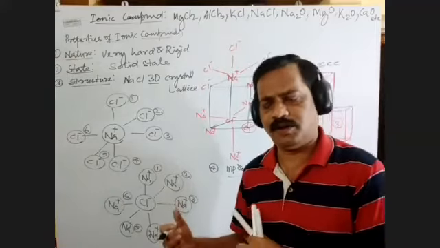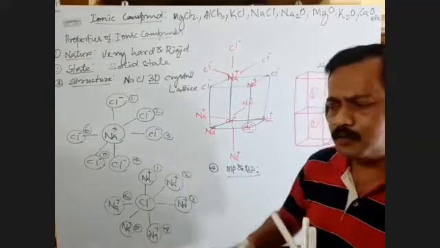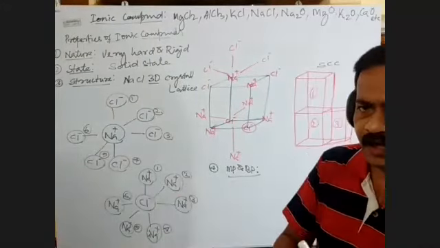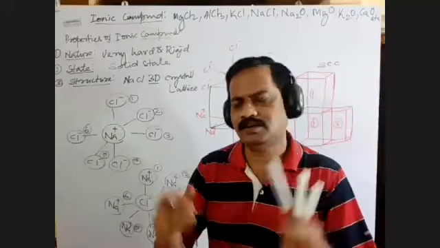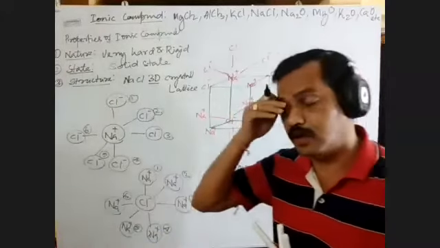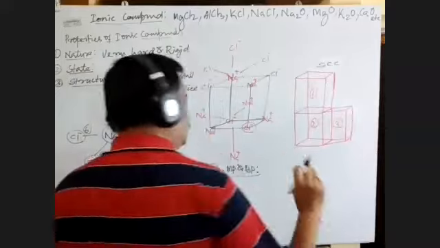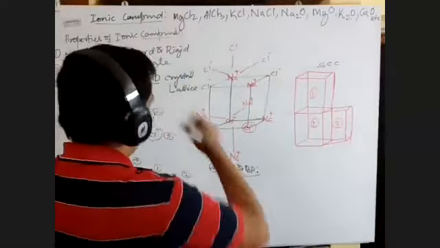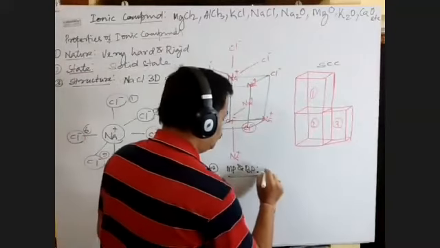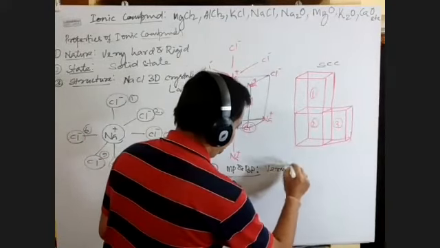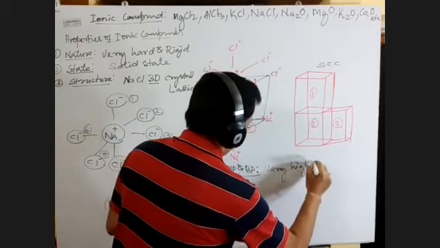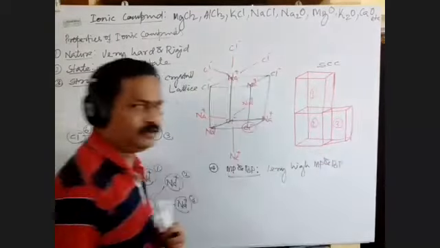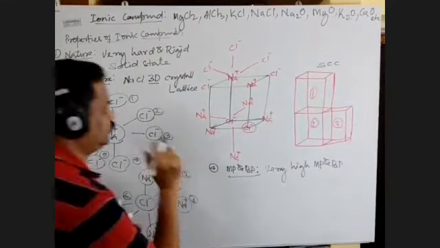When you break that, it will convert into liquid, because in liquid the force of attraction is less in comparison to solid. That's why more energy is required to break this bond, and that's why they have very high melting and boiling points. Okay, so this is the fourth point.